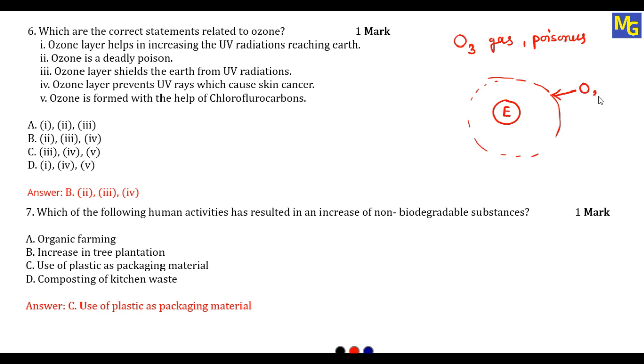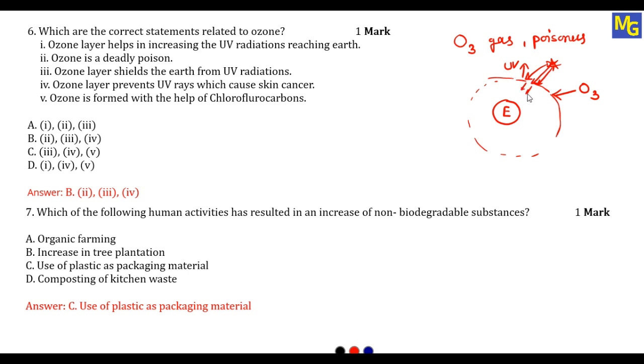And somewhere here imagine there is the sun. So whatever electromagnetic radiations are coming from the sun, all have to pass through this ozone layer. But when all these radiations are passing, only UV radiations will be trapped. These UV radiations will not be allowed to go to the earth.